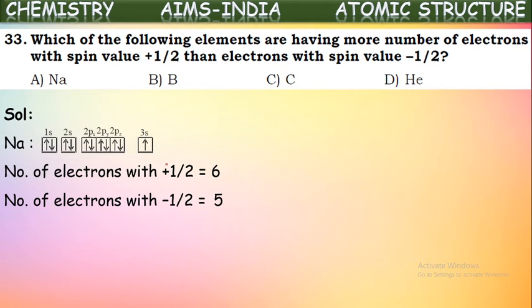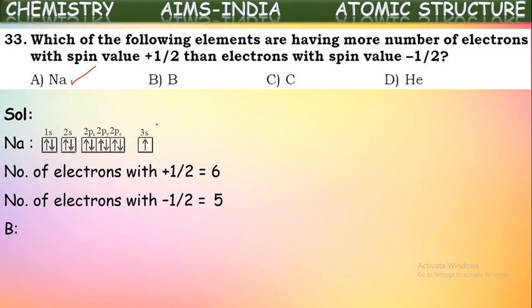And electrons with a negative or anti-clockwise spin, how many are there? 1, 2, 3, 4, 5. Only 5 electrons are there. So sodium has electrons with positive spin more than the electrons with negative spin. So it is having more electrons with the positive half spin.